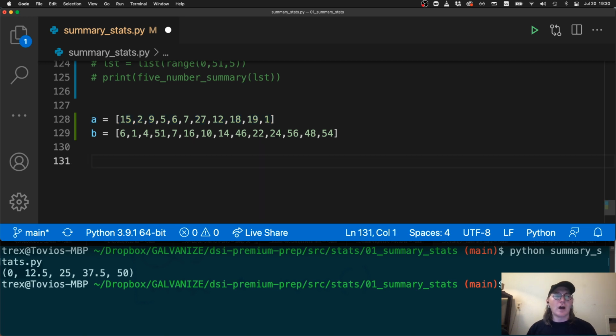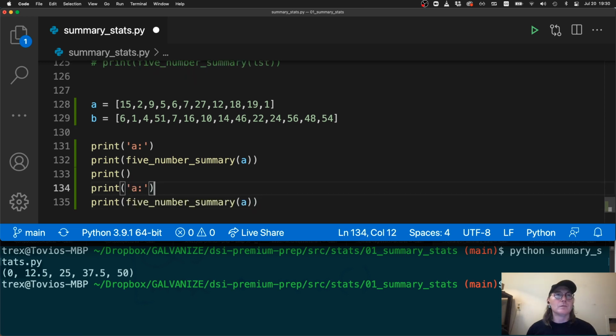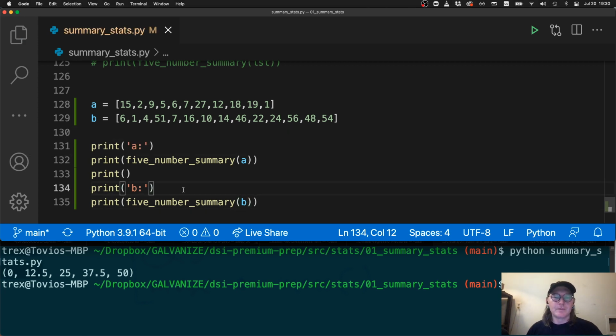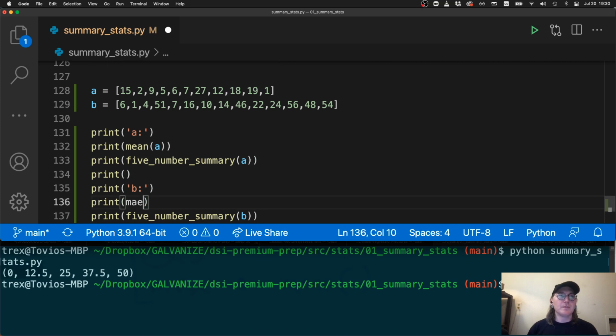Okay, so if we calculate the 5-number summary for these, let's look at the 5-number summary of A. I'll print A, and the 5-number summary of A. We'll do the same thing for B. Let's also look at the mean. I'll print the mean of A and print the mean of B.